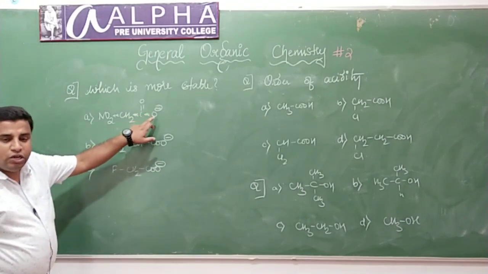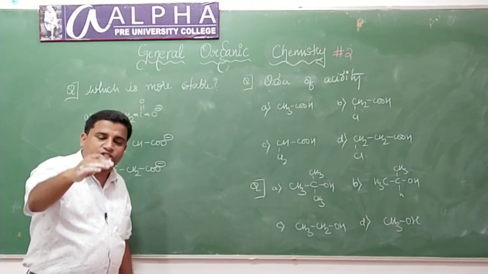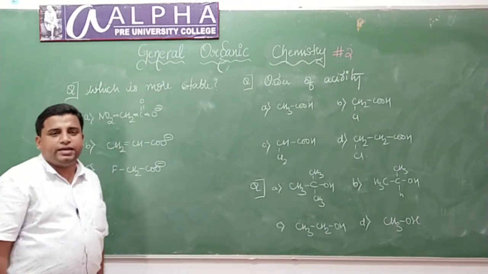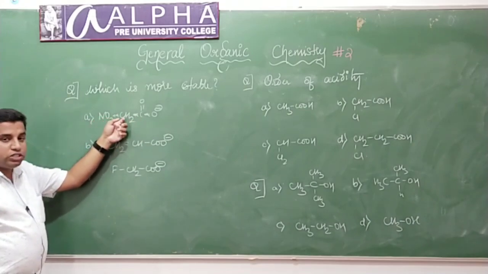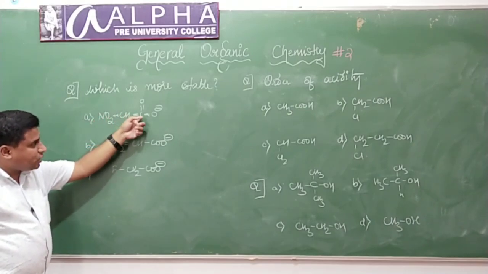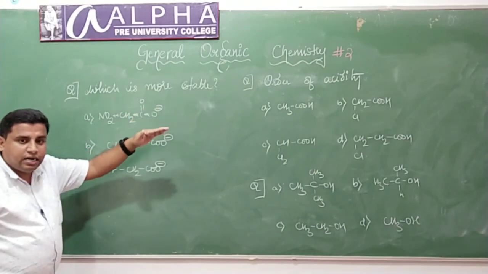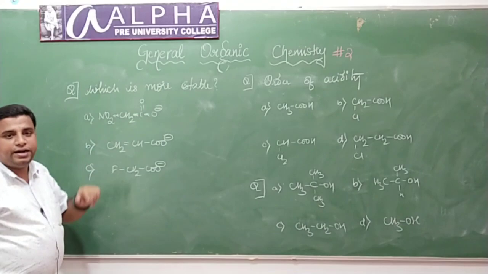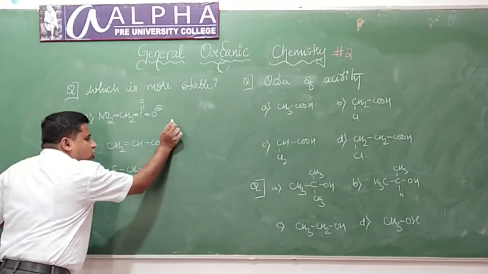If the negative charge decreases, the stability will increase. So look here, nitrogen is pulling the electrons from carbon, carbon is pulling the electrons from carbon, carbon will pull the electrons from oxygen. As a result, the negative charge on oxygen decreases, isn't it? Here also the same case.